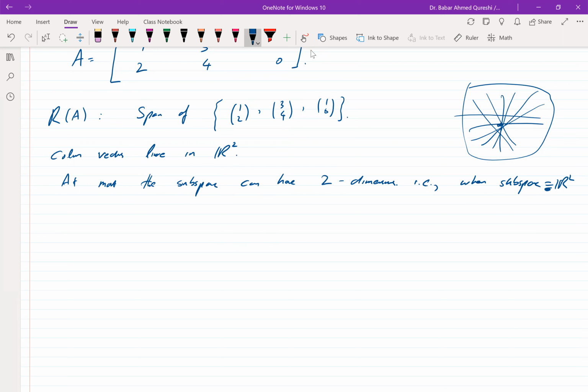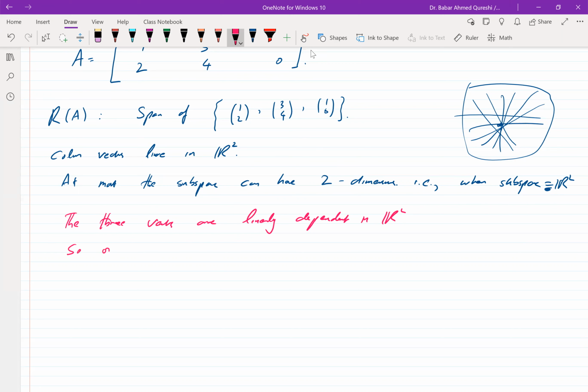So that means in this span, I have 3 vectors. We have done these theorems: these 3 vectors in R2 cannot be linearly independent. So they must be linearly dependent in R2, just because you have 3 vectors and you are working with only a 2-dimensional space.